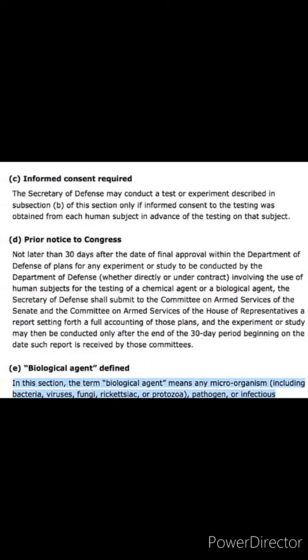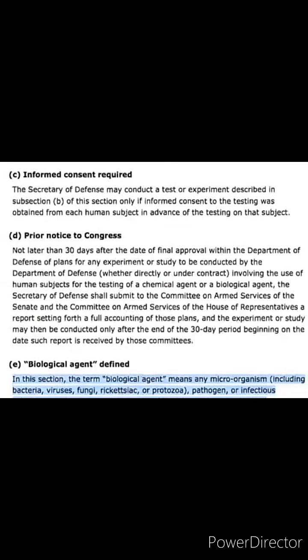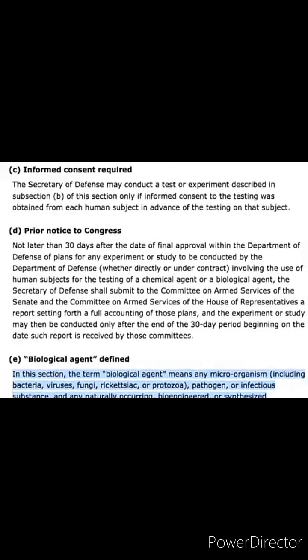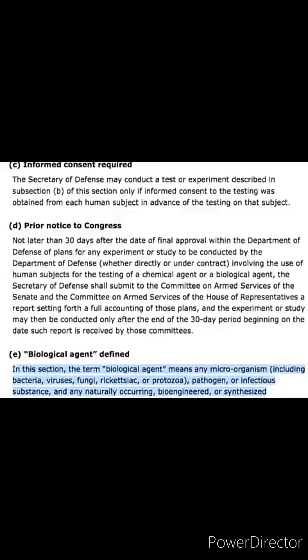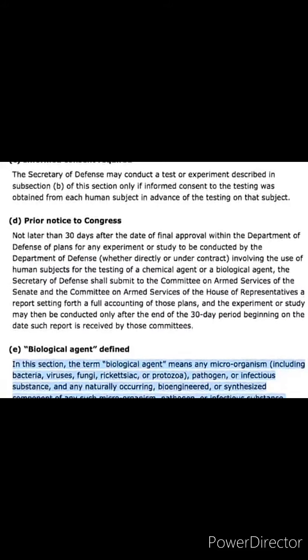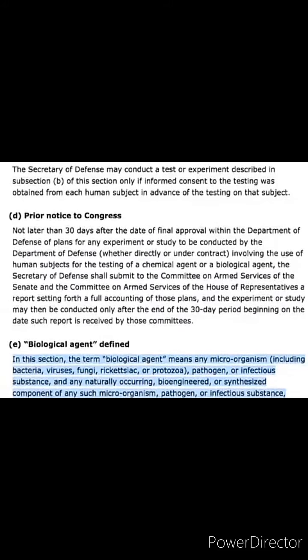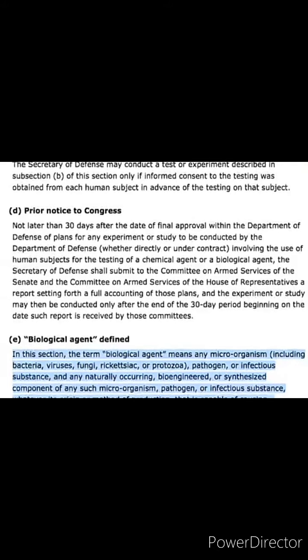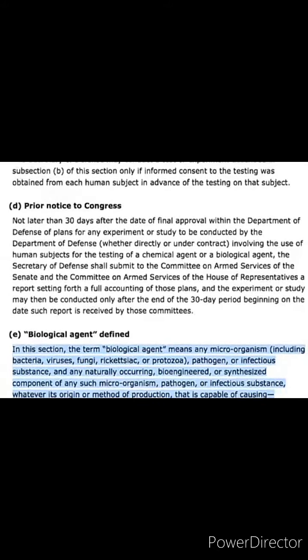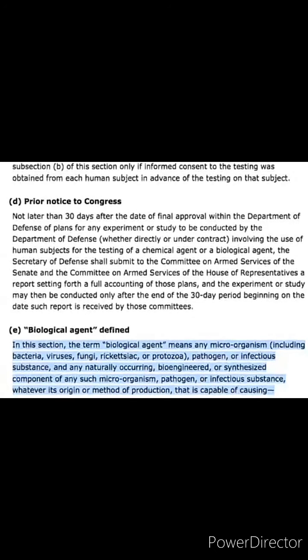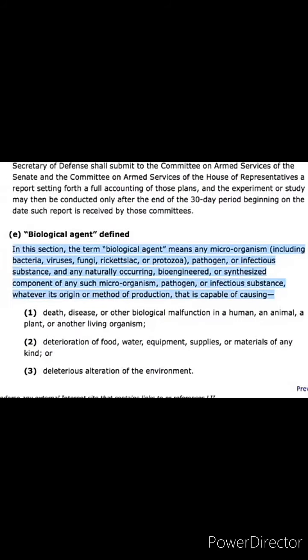In this section, the term biological agent means any microorganism, including bacteria, viruses like the flu virus, fungi, rickettsia, or protozoa, pathogen or infectious substance, and any naturally occurring bioengineered or synthesized component of any such microorganism, pathogen or infectious substance, whatever its origin or method of production, like the re-engineered, recombined flu virus, that is capable of causing death, disease, or other biological malfunction in a human, an animal, a plant, or another living organism.